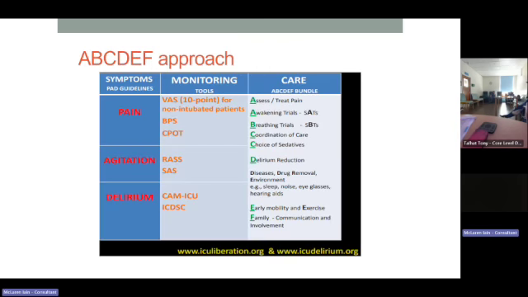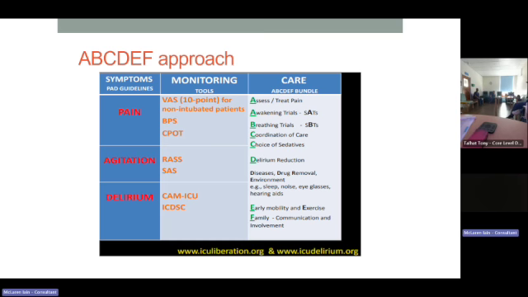So the SCCM produced an ABCDEF approach in the management of delirium. Part of that is to look at the things we've talked about: pain, agitation, and delirium. So trying to keep patients comfortable, treating their pain, giving them adequate analgesia without oversedation.